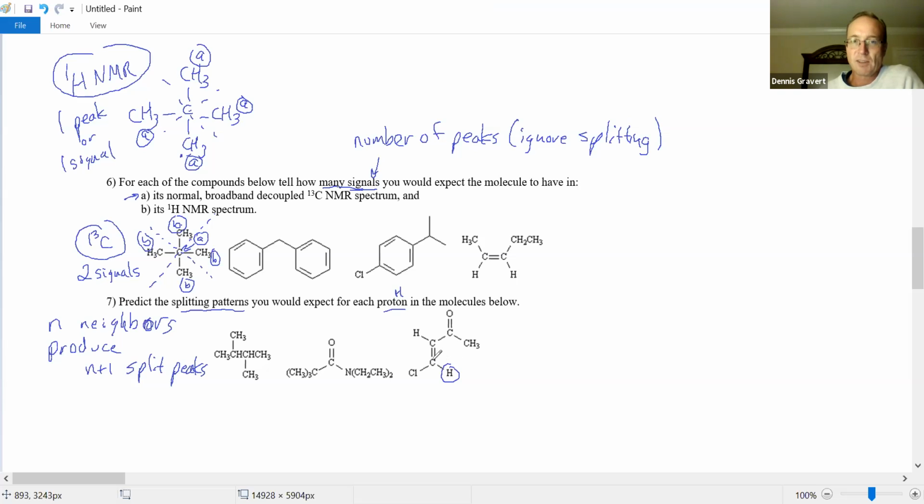Well, what house do you live in? You live in this house, this carbon. So go next door, there's a chlorine, no H there. Go next door to this carbon, hey, there is an H here. So in any direction from this hydrogen's house, there's a carbon with 1 neighbor. So 1 neighbor produces 1+1, or 2, split peaks. 2 peaks is a doublet.